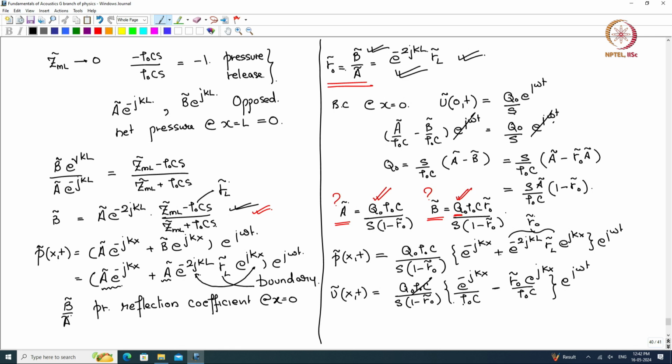So it is equal to Q0 by S into 1 minus R tilde 0, times e to the power of minus jkx minus R0 tilde e to the power jkx, times e to the power j omega t.